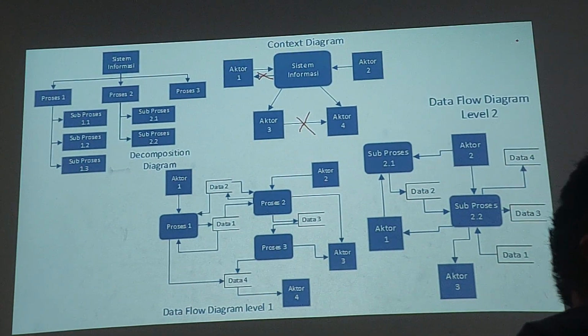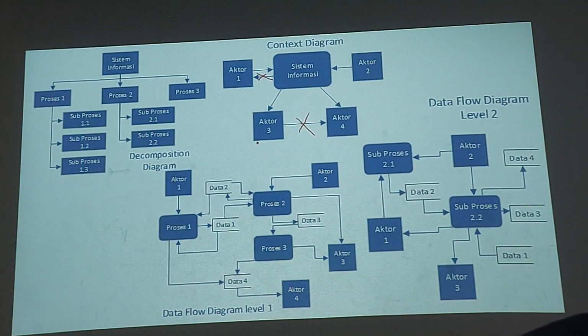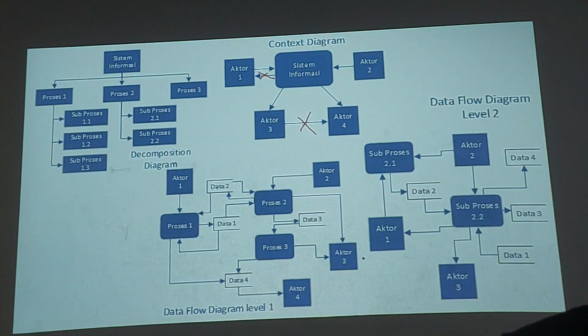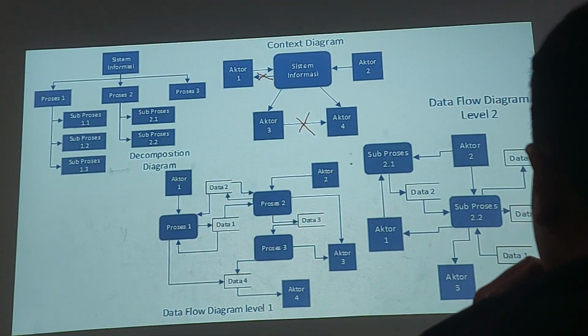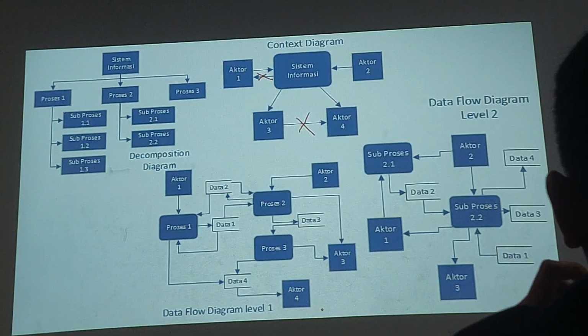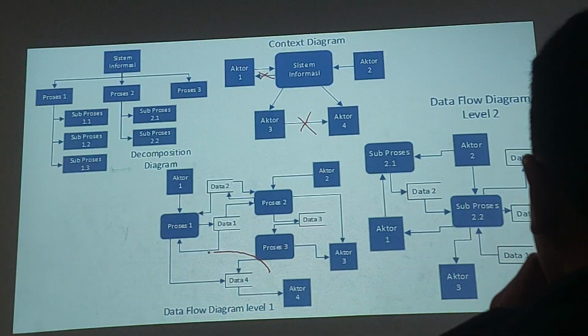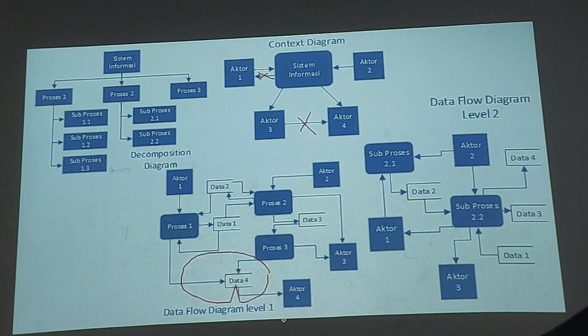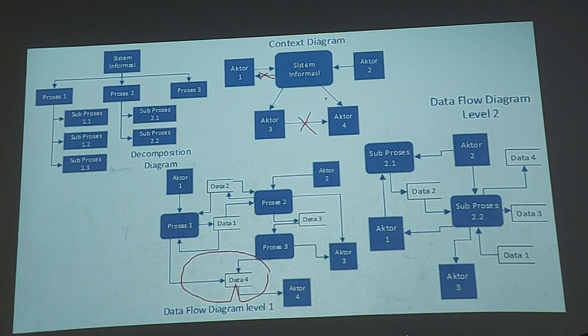The next one, actor 2, this is correct? Yes. Actor 3, only receive? Yes, this is correct. Actor 4, this is correct. For this one, they only receive, but in this case, they are incorrect. For this one, this is correct. They receive output from the system. But for this one, this is incorrect.